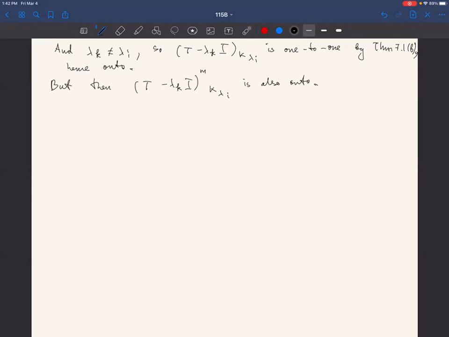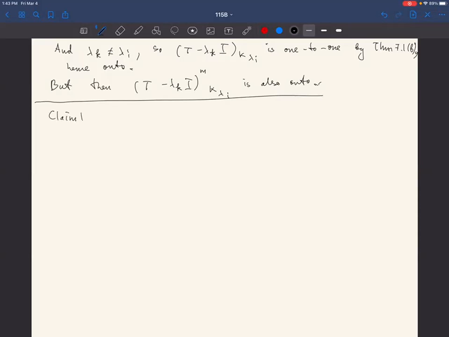Is this okay with everyone at this point? So the operator to the power 1 is onto, and then we just take some power of it, so it's still going to be onto automatically. All right, so this shows that this operator is onto. So this proves claim 1.